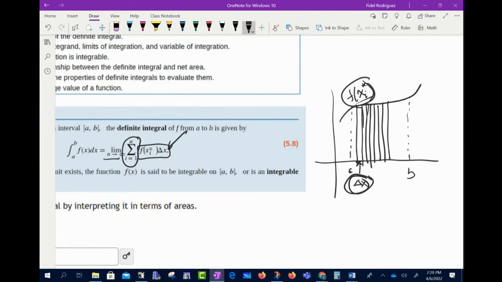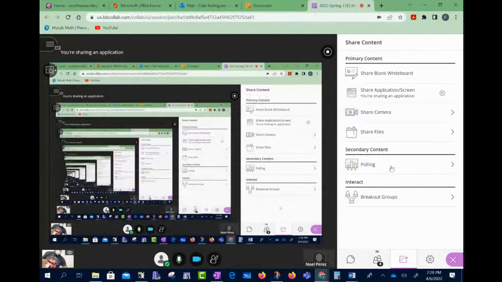So for those of you that are watching from home, you can't really see what I'm doing, but I'm picking up a piece of paper, and I'm trying to find the area of a rectangle that is about that wide, okay? So those of you who are watching from home, let me stop sharing that real quick. Let's go back to the camera.